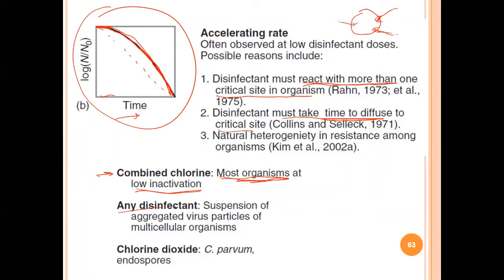Or if you are using any disinfectant but there are suspensions of aggregated virus particles or multicellular organisms present, meaning clumps like this, especially virus. Or if you are using chlorine dioxide, then for C. parvum or some endospores you will see this shape. This is called the accelerated rate shape.